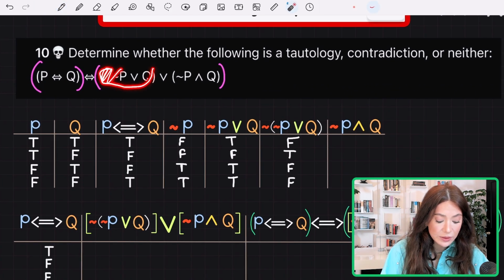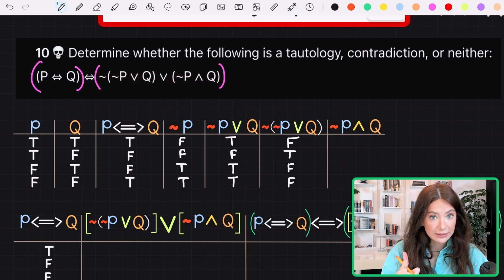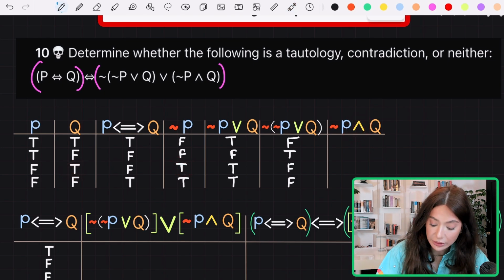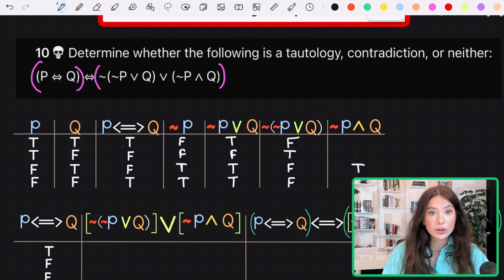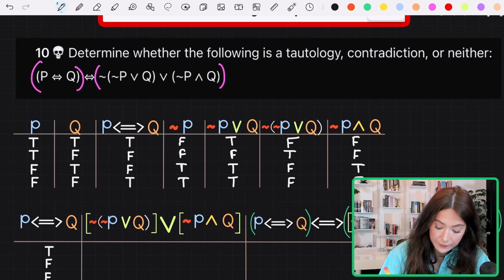All right, so what have I done? I've done this whole thing right here. So now I need to generate this. And it says not P and conjunction Q. So I'm looking at not P and Q. And for the conjunction connective, I need both of them to be true. And that only happens in the third line. So I'm going to put true there. Everywhere else, false.